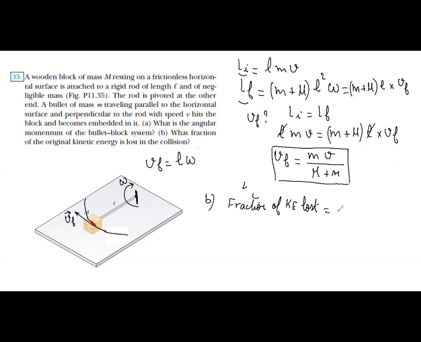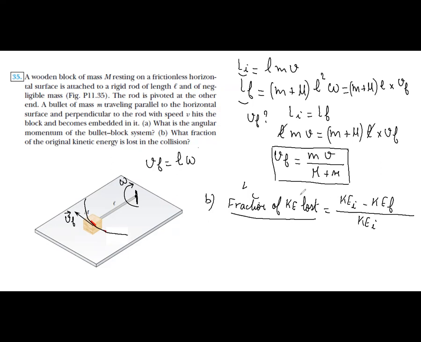In general, you write it as the loss of kinetic energy, kinetic energy initial minus kinetic energy final, divided by kinetic energy initial. This is the fraction of kinetic energy lost.